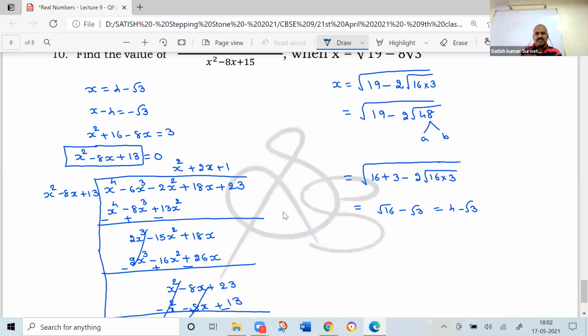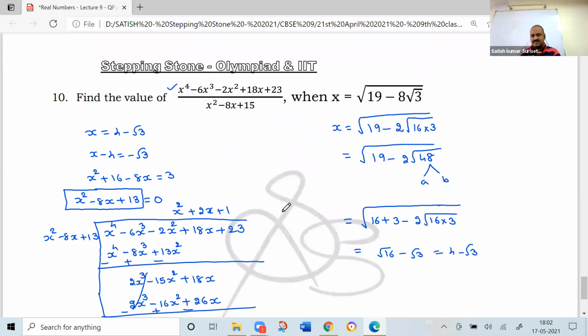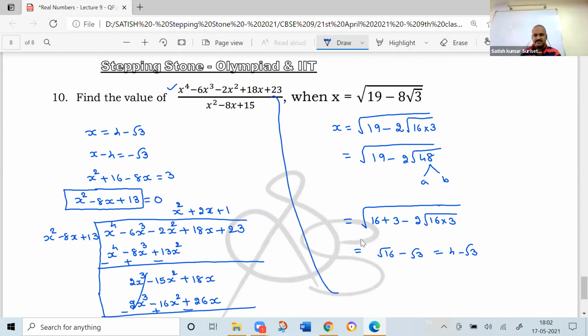So the numerator you can write as x square minus 8x plus 13 into x square plus 2x plus 1, because you have divided the numerator with this.